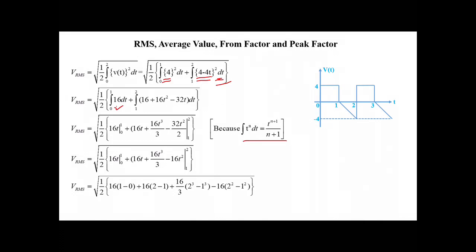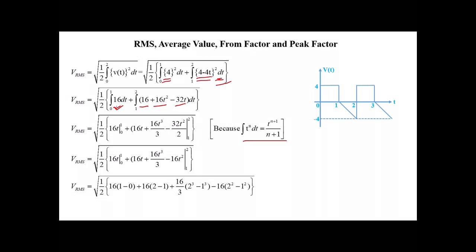VRMS equals under root 1 upon 2, for this 16 it will become 16t after taking the integration, and the limit is 0 to 1, plus this 16 will become 16t, plus this 16t square will become 16t cube divided by 3, minus 32t square divided by 2, and the limit is 1 to 2, middle bracket closed.